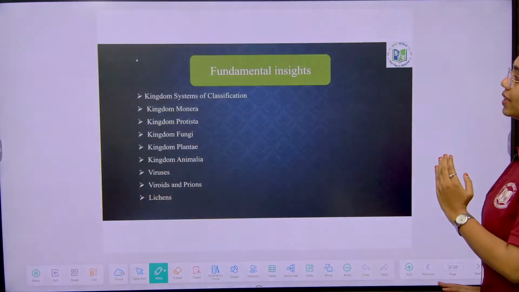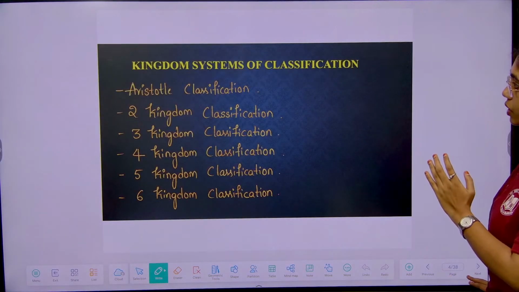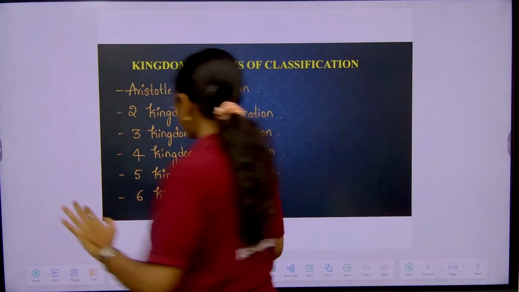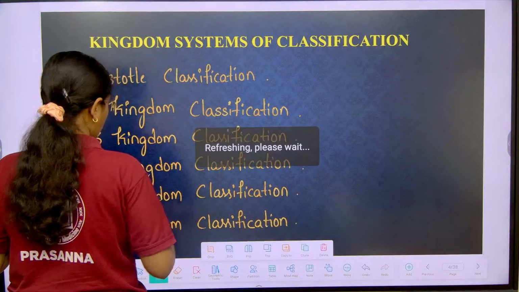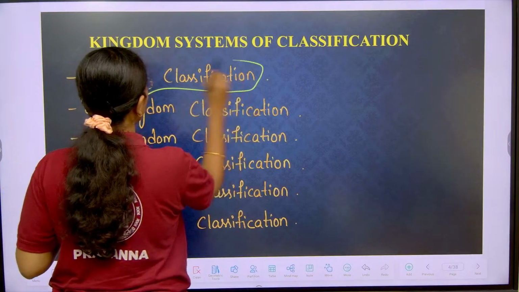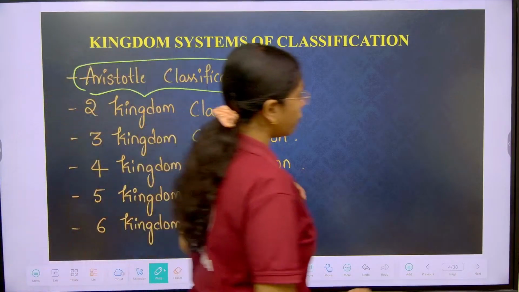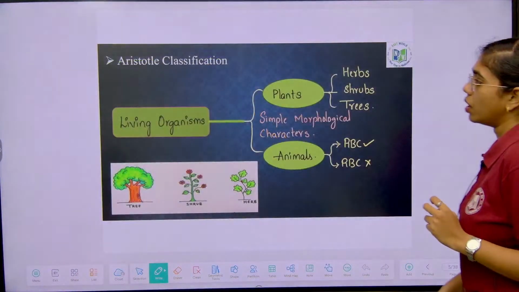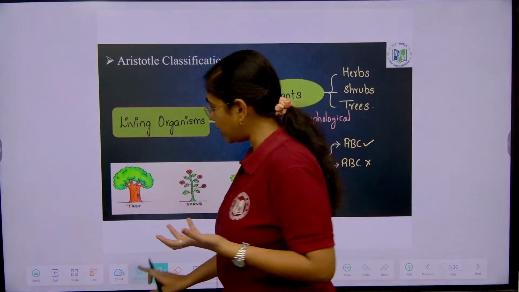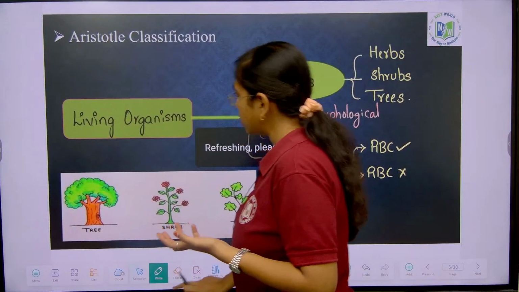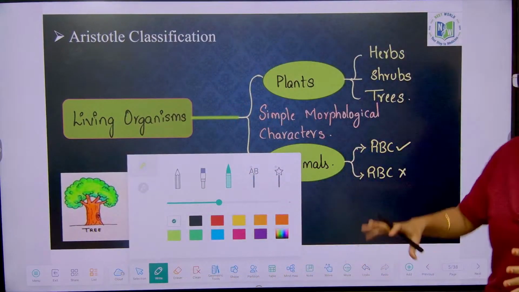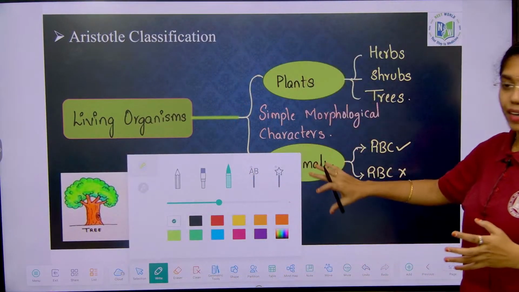First, these are the fundamental insights we have discussed. The scientific method of classification was first proposed by whom? Aristotle is the scientist who first proposed a scientific method of classification, where he generally classified living organisms into plants and animals.